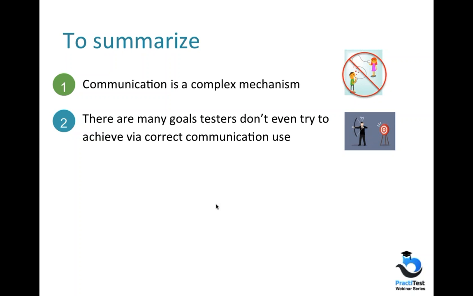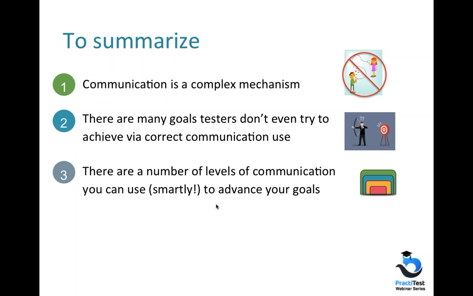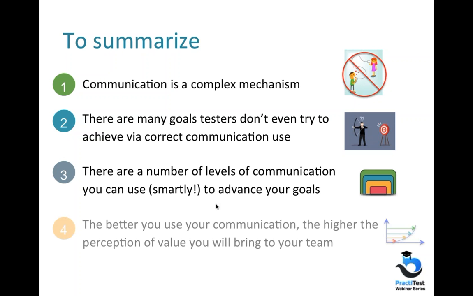If you're able to communicate better, if you're able to align your goals to your communication channels, you're going to be able to achieve that better. As I hope I was able to show you, there are a number of levels of communication that you can use. And hopefully, if you use them smartly, you will be able to advance yourself, advance your goals. You will be able to do them correctly.